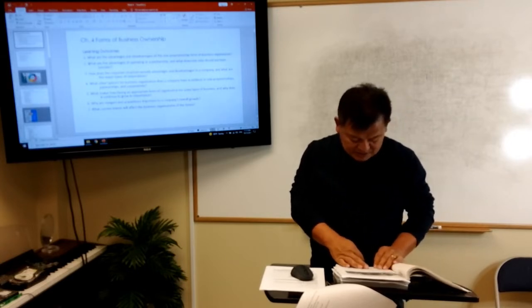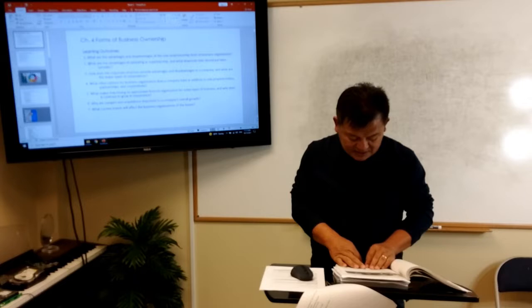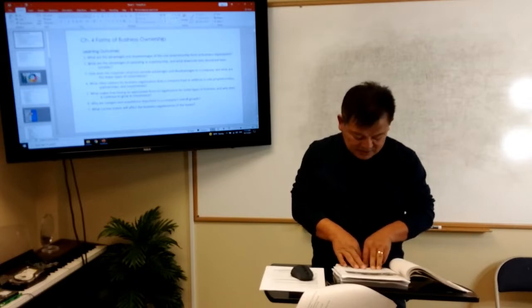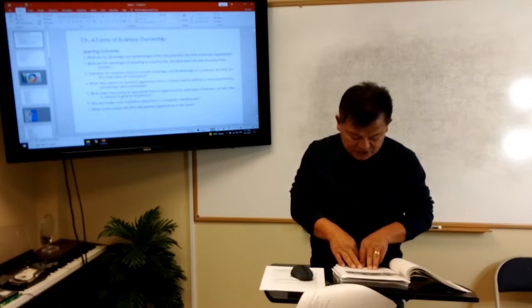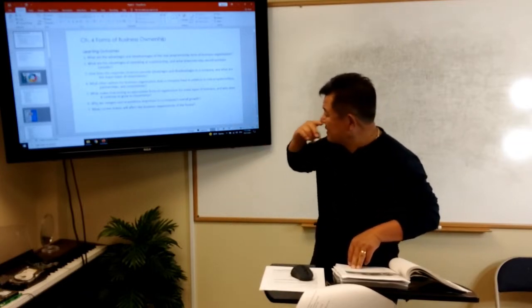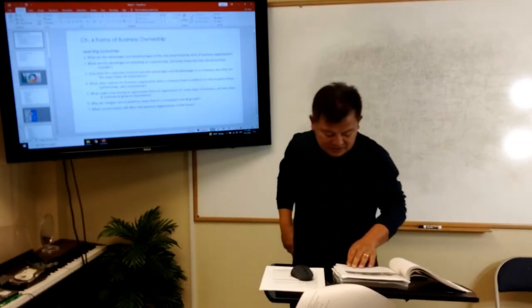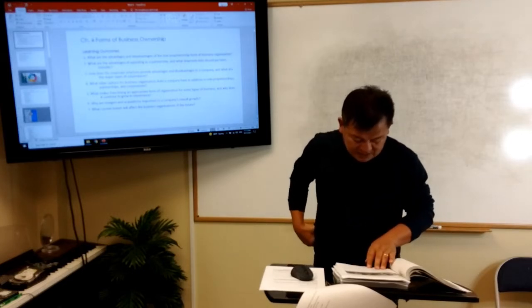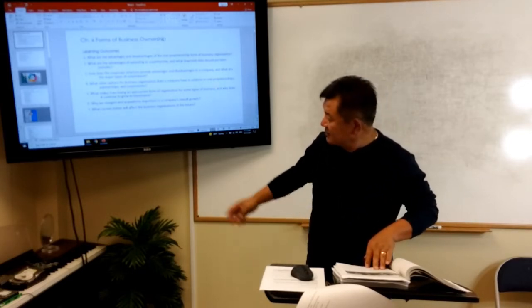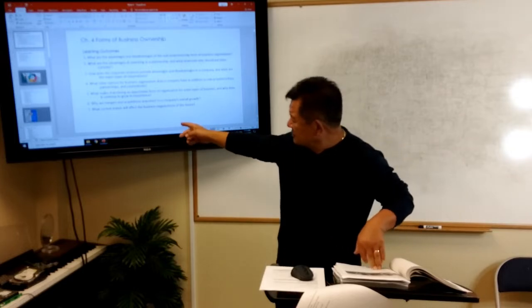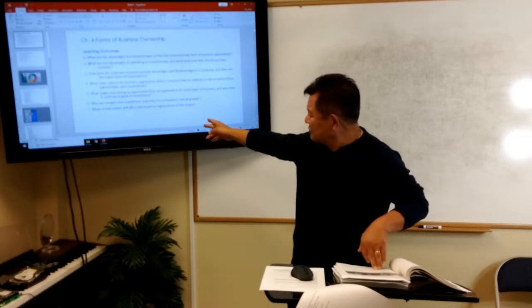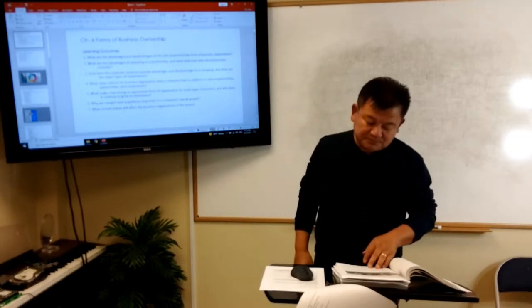And number six, what are mergers and acquisitions, and why is M&A important to a company's overall growth. And the final learning outcome is what current trends will affect business organization in the future.